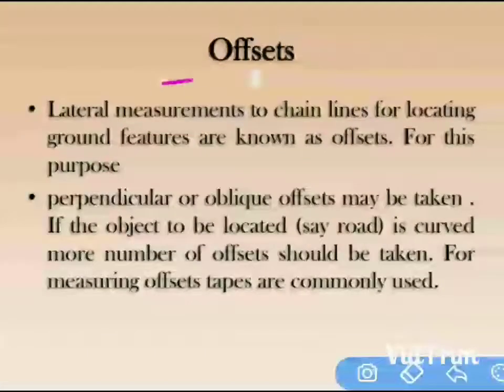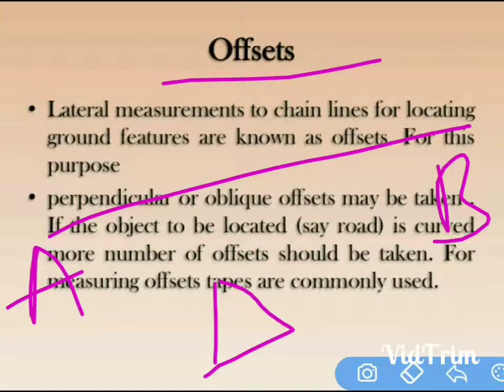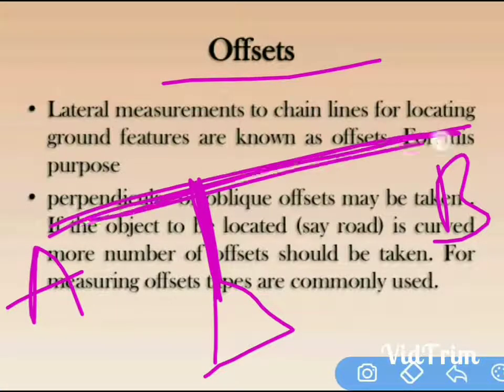Next, offset. We are learning about offset. So what is the meaning of offset? I told you already. For example, from A to B I want to calculate the distance. Here I have one object, and I want to know this distance also to prepare a map. So this horizontal, lateral measurement from the chain line is known as offset.